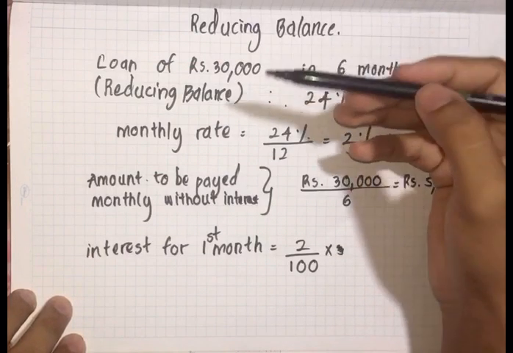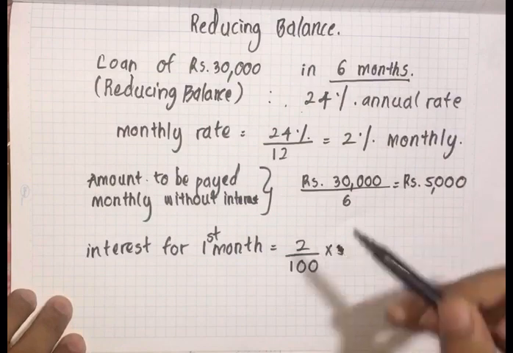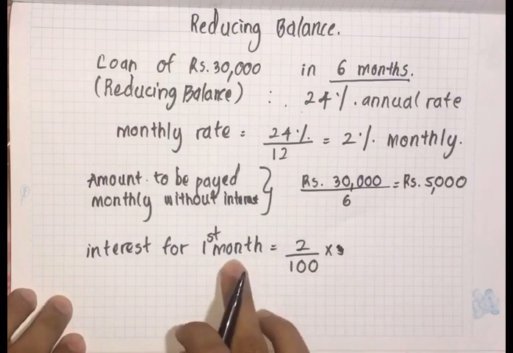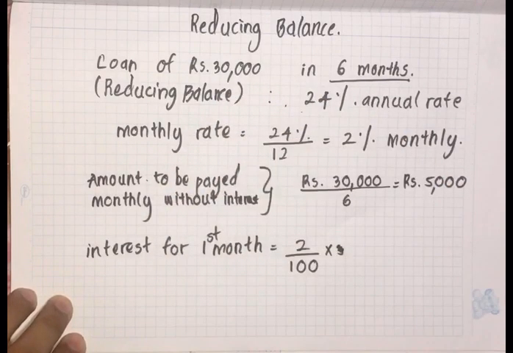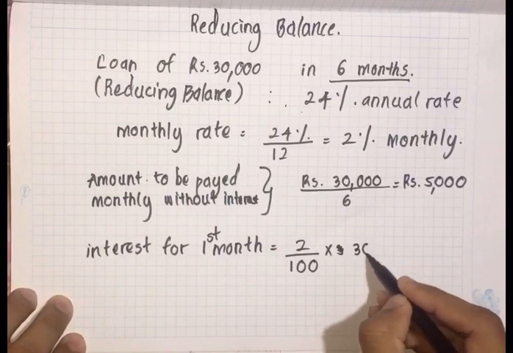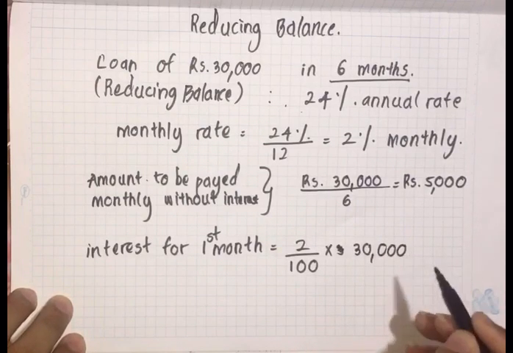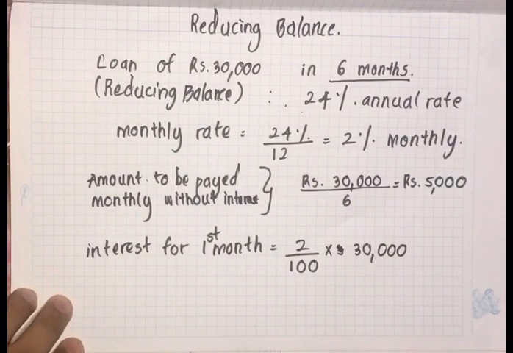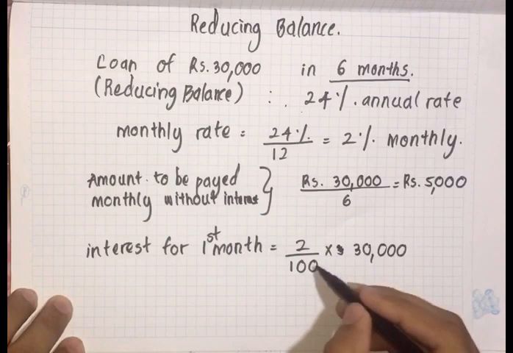Okay, you have to find 2 is for 100 means, now how much should you pay during the first month? What is the balance you should pay to the bank? Altogether you have an amount of 30,000 to be paid. Am I correct? Yes. Therefore, you have to find out what is the amount for 30,000. Is that clear? Yes.